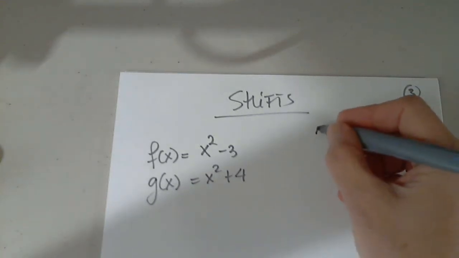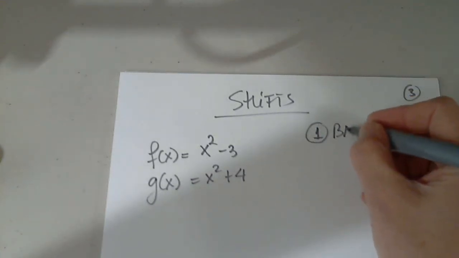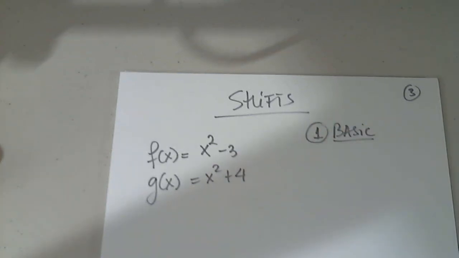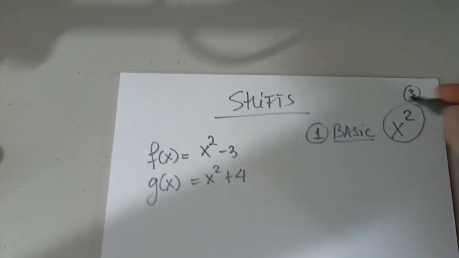I'm going to ask you, step number 1, what is the basic function that I used to create f and g? I used one particular base function from the 7 that we looked at. Quadratic. Excellent. So the basic function is identified to be x squared.